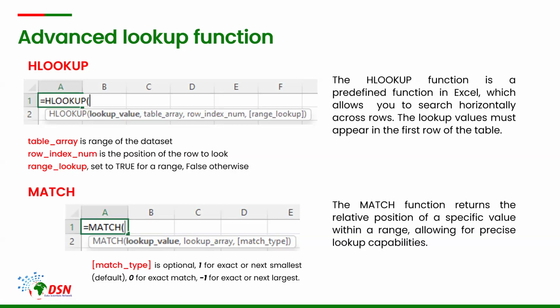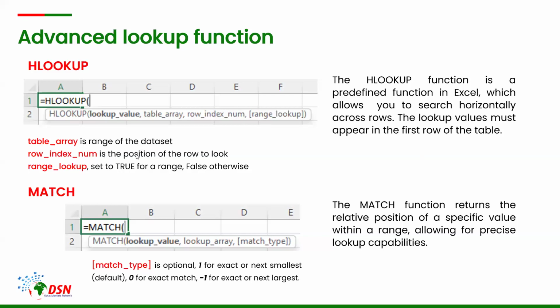When you are specifying what you want to look for, specify it at the very top. It is better to draw a small table outside, taken from a bigger table, so that the first row will be the heading, then the next row will be the value you want to look up. We are going to explain HLOOKUP when we get to the hands-on session. So the table array is the range of the data sets.